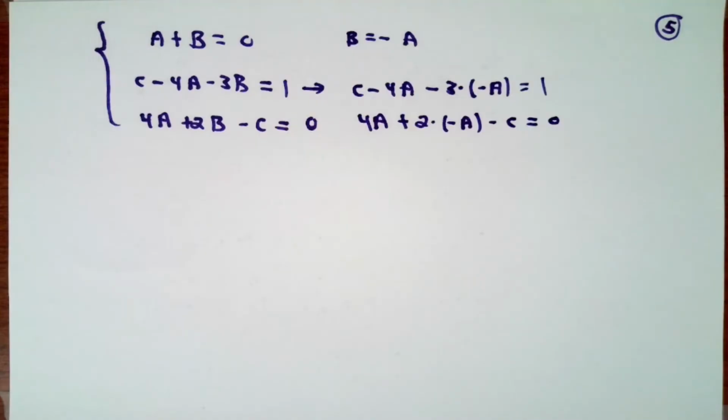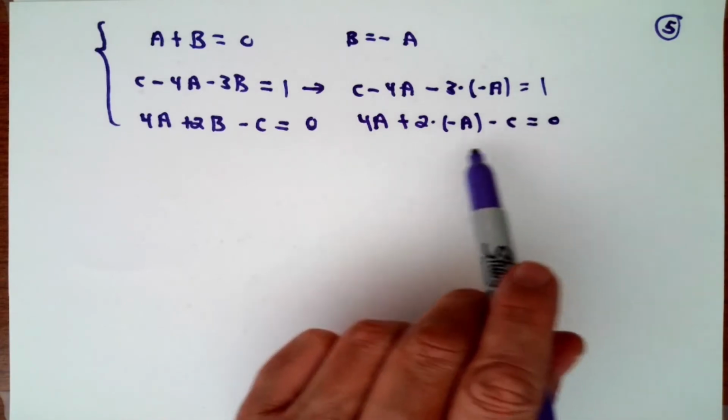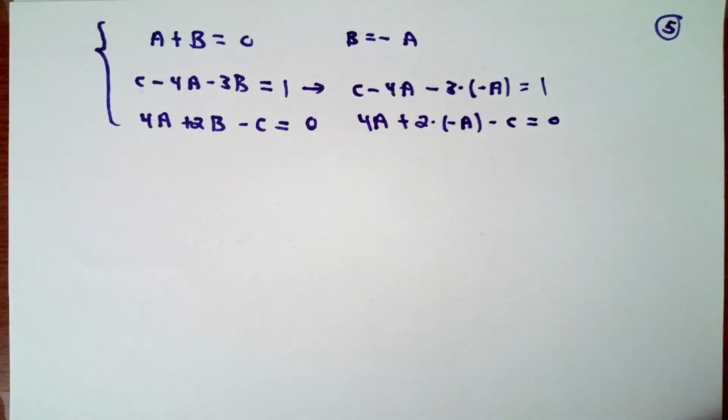In the other 2 equations, every place where I see the letter b, I'm going to replace it with the negative of a. Then I'll simplify these 2 equations. The result will be 2 equations that have only a and c in them. Then I'll try to solve for a and c. Once I know what a is, b will be the negative of a.